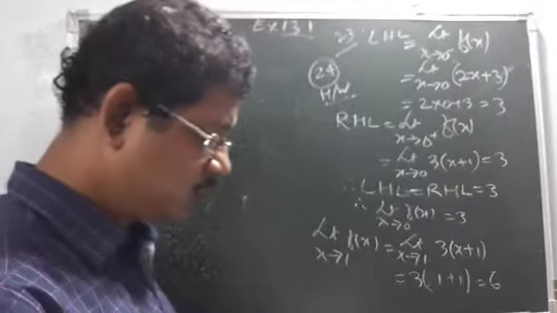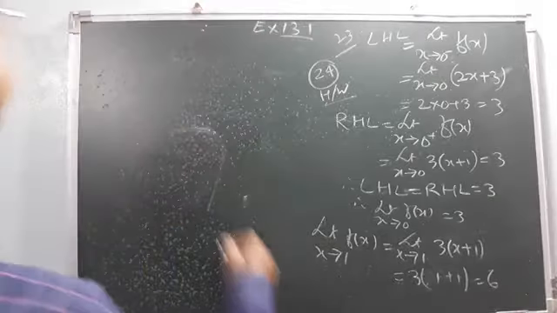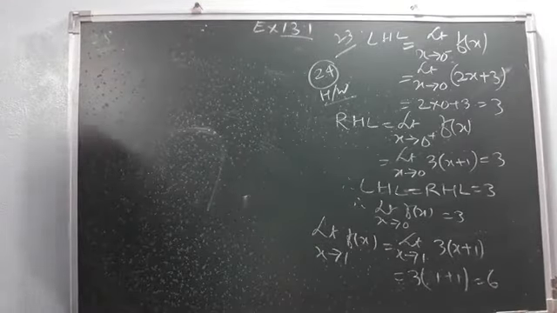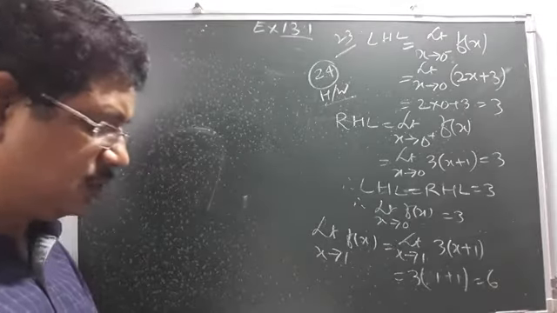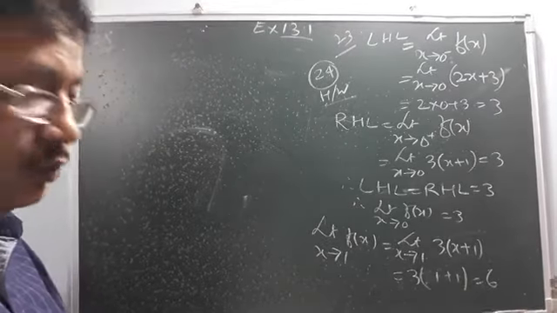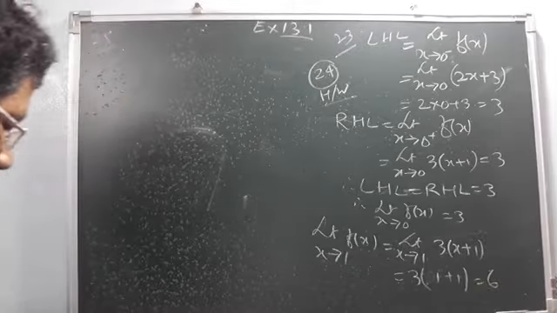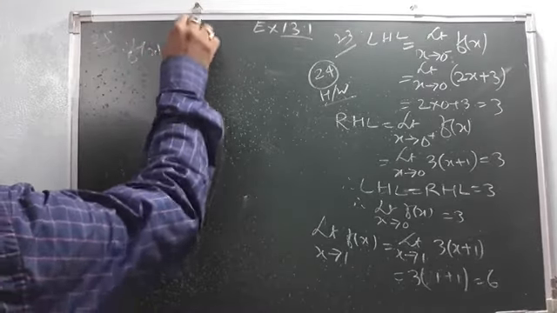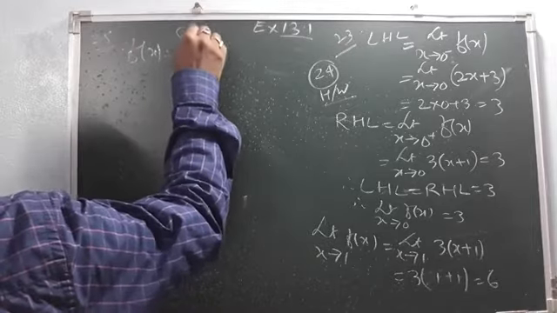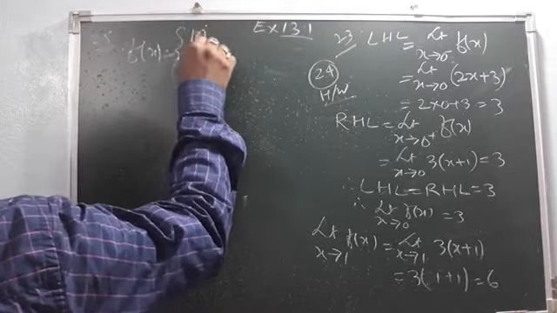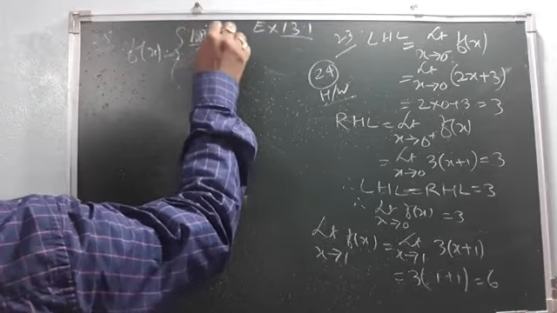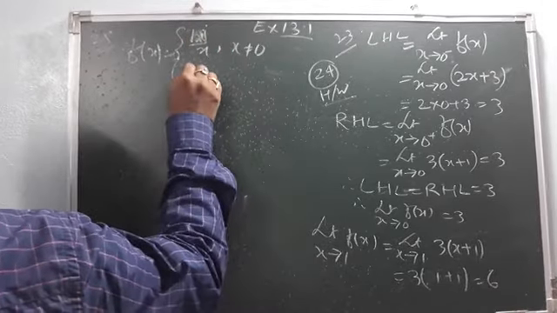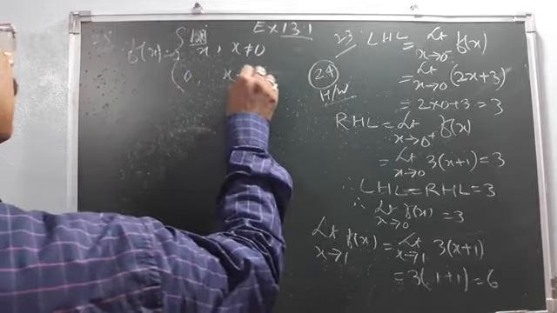Okay, now question number 25. They have given that if x is not equal to 0, then what, and if x equals 0, then what is given. Now students, f(x) is given with two values. One is modulus x by x when x is not equal to 0, and it is 0 when x equals 0.